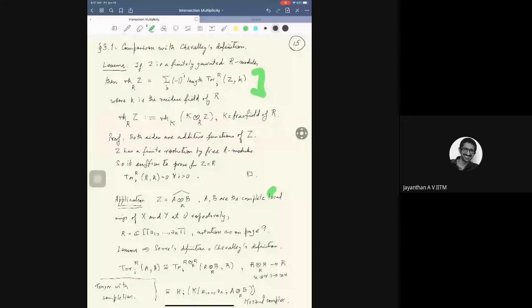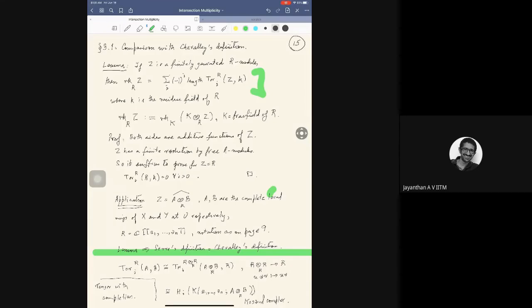I left it at this point, and then I sent my notes to Chris Scarlett, who said I seem to have forgotten to say the thing below this green line here. Yes, I did forget to say that. When you want to compute Tor in a geometric situation, you have Tor over R tensor R over K of A tensor B comma R, where R is an R tensor R module, which geometrically is the diagonal.